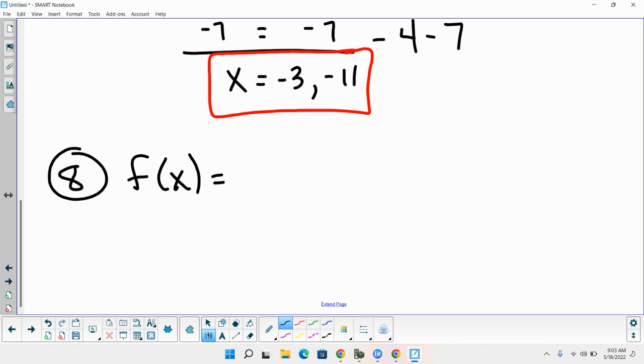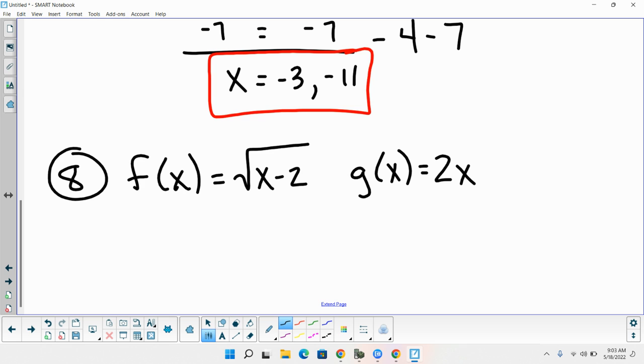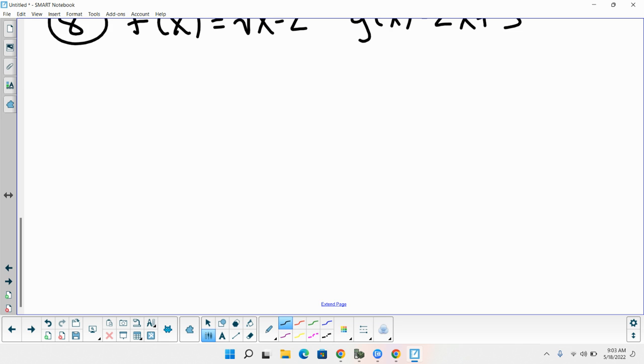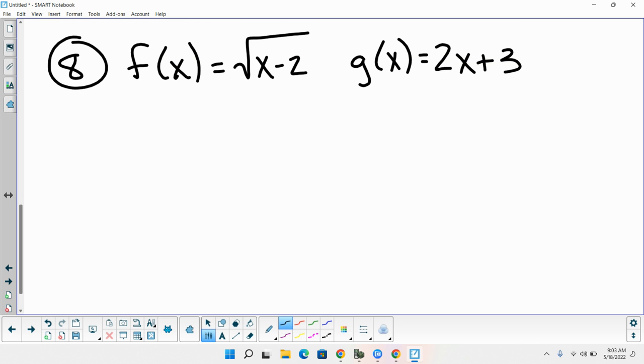F of x is the square root of x minus 2, and g of x is 2x plus 3. And this is composition of functions here. We're supposed to find f of g of x.